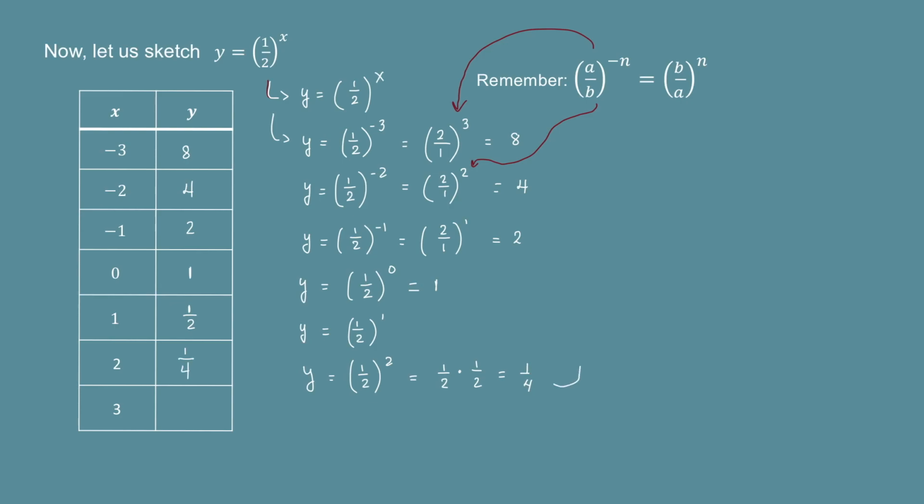Let's continue with the last one. We're going to have y equals 1/2 to the third, which is going to be equal to 1/2 times 1/2 times 1/2. So 1/8. And now the table is complete.